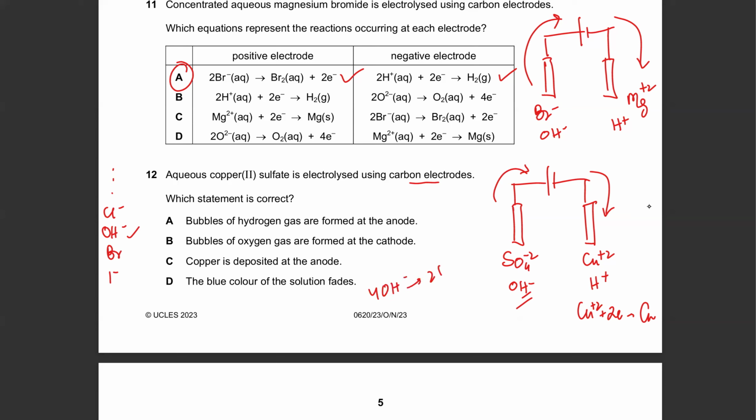That's 4OH minus to 2H2O plus O2 plus electrons. None of these are correct, and then D is correct, because the copper sulfate changes to sulfuric acid. So the blue solution will fade, right? The copper goes and the OH goes.